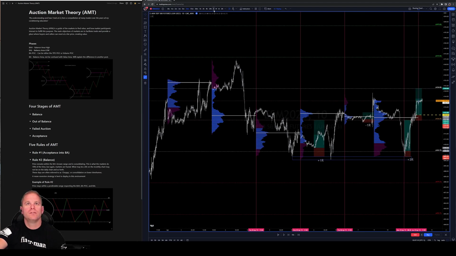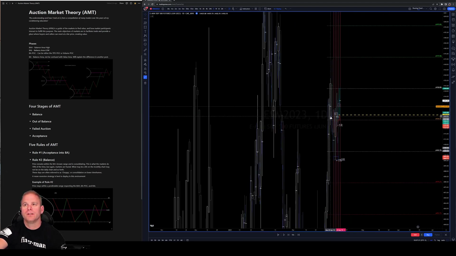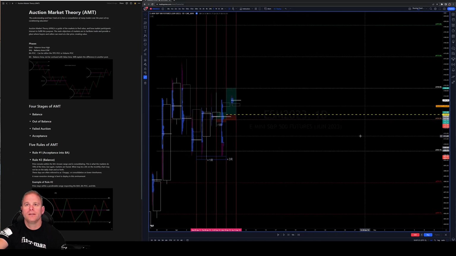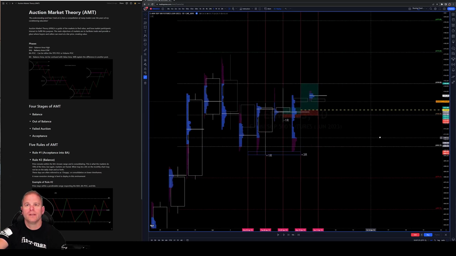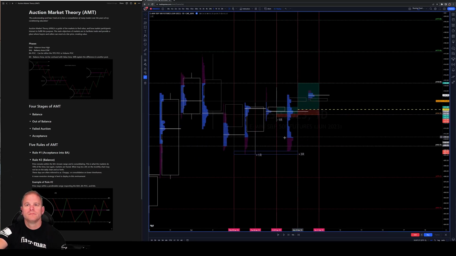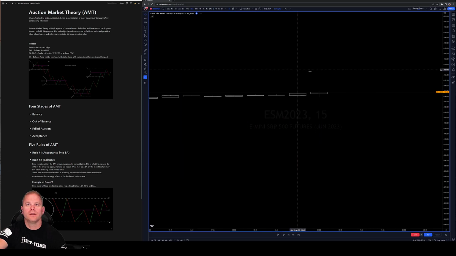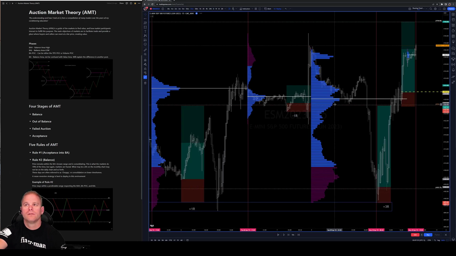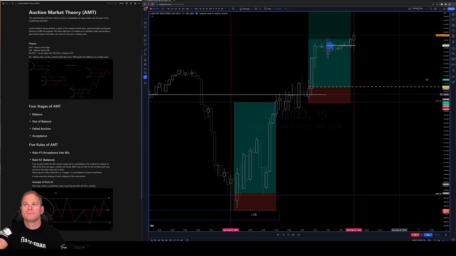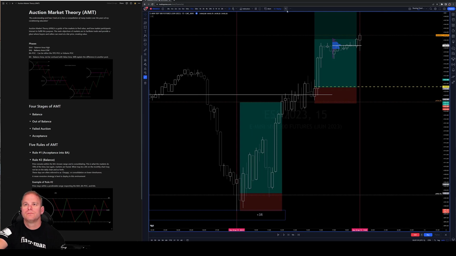So now what I'm going to do is check my balance area levels, because now we have a new day and nothing has changed at all. We're inside the 2 levels. We have overlapping value between the days, so everything is fine and good there.